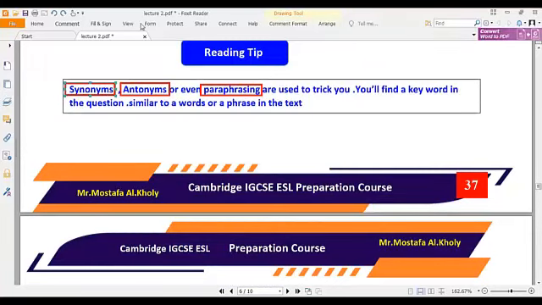Yeah, okay. So the meaning of synonym, it means definition of something. Not exactly, because it's not a definition. Synonym is like equal to another word. Yes, exactly. A word that is equal in meaning to another word.